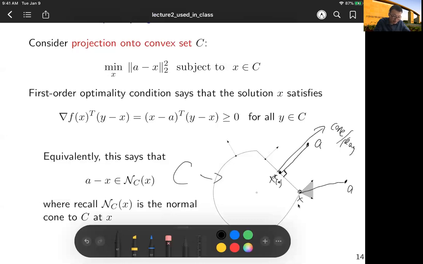If we connect these two, A minus X gives this direction, and this vector is inside the normal cone given by NC of X. I hope geometrically at least this is clear, and this provides an interesting geometric insight that lets us connect the first order optimality condition to things that we learned in the last lecture.